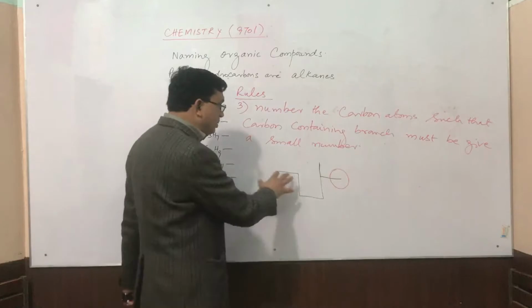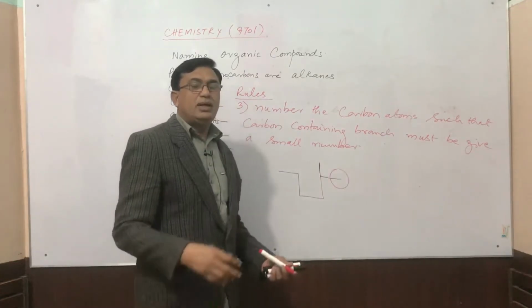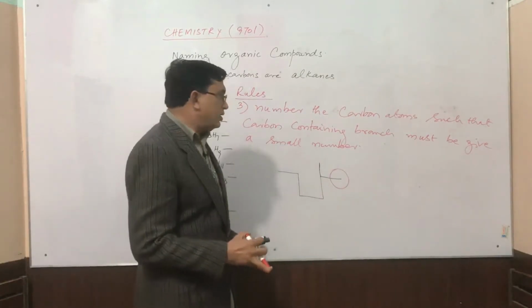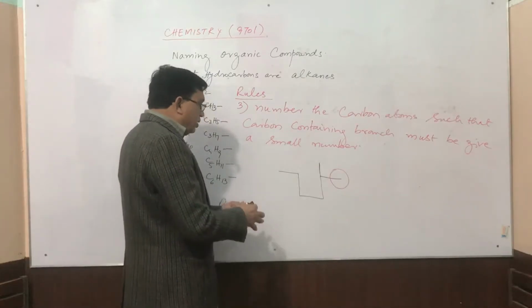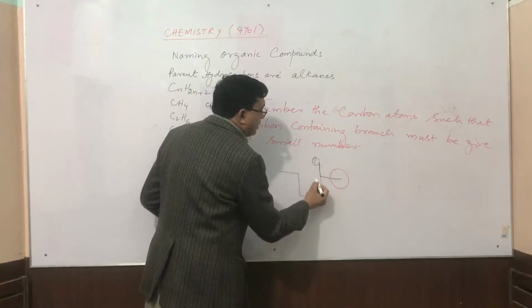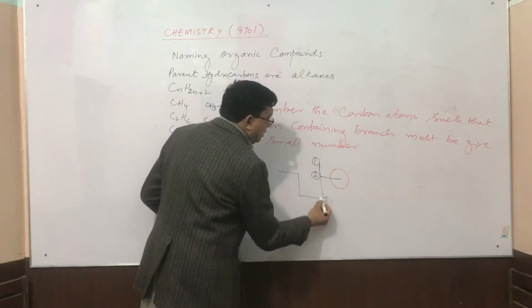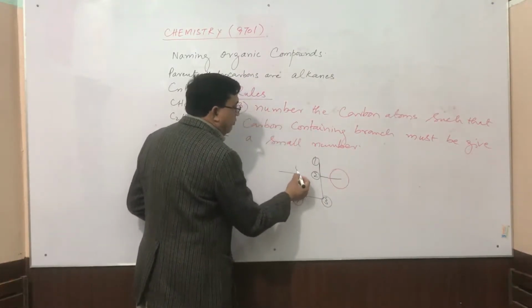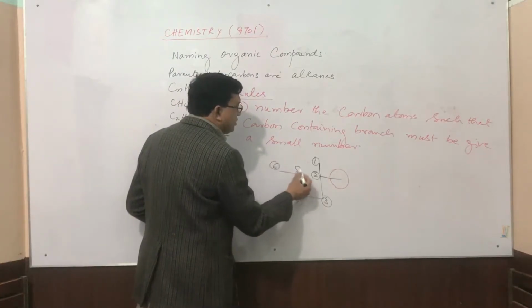We have to number the carbon atoms from the side where the branch containing carbon gets the lowest possible number. So we will number in this manner: 1, 2, 3, 4, 5 and then 6.